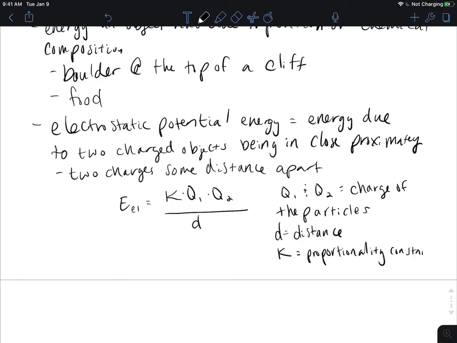That's going to relate our units: joules for our energy, coulombs for our charges, and we're going to have meters for our distance.